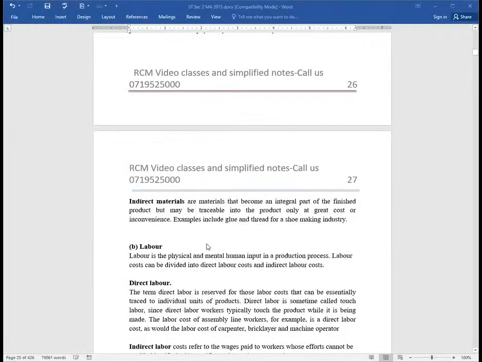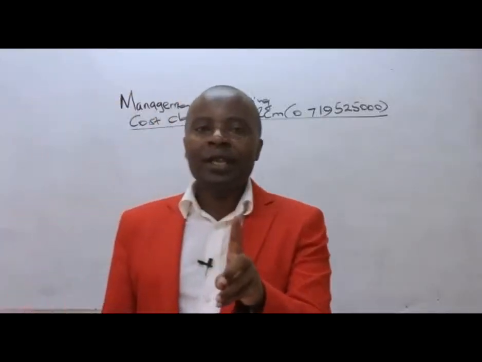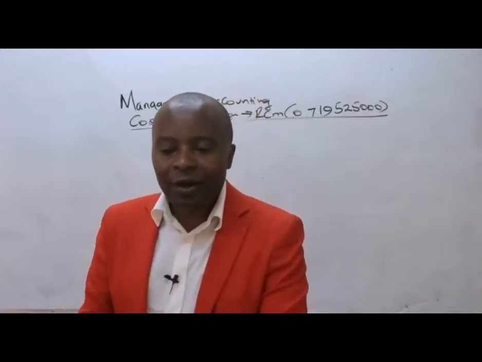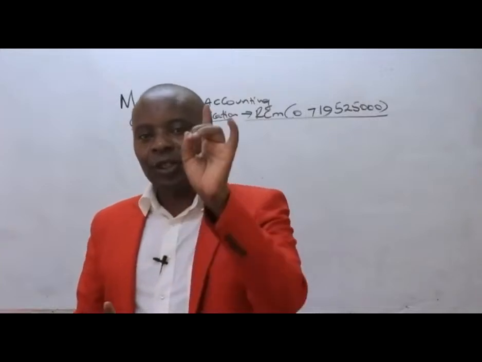And then of course we'll have labor. Of course we need labor, like some other carpenters will be assisting me, and I'll be paying them salaries and wages. If I'll be paying them on a per unit basis through what we call a piece rate payment system, I'll be able to say that I paid you 500 shillings for each table that you produced.